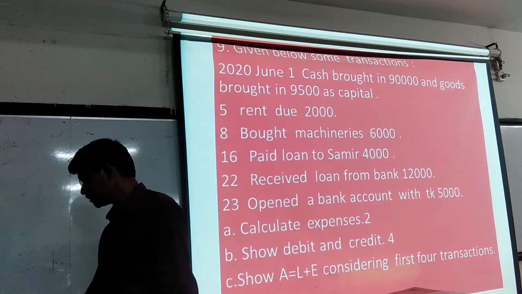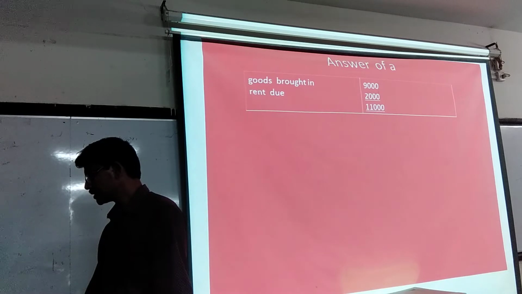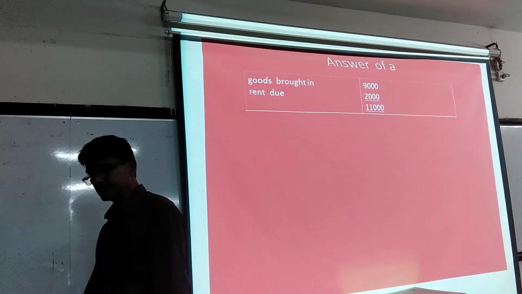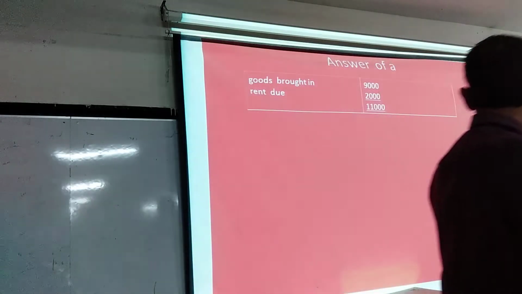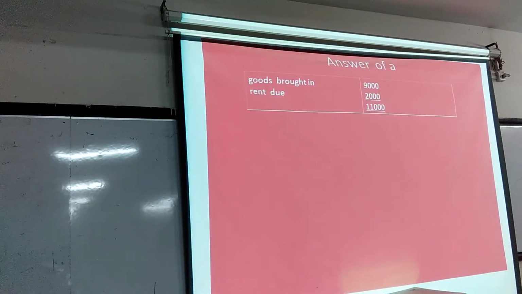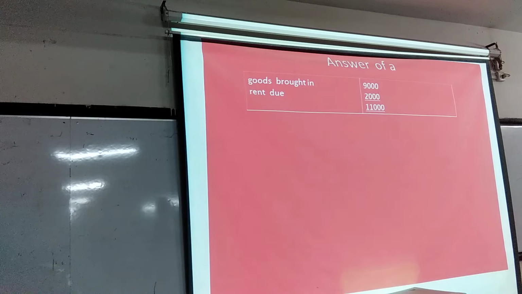So, you will write the answer of A this way. Do you see the answer of A? Answer of A is goods brought in and rent due 2,000, total 11,500 is known as expense.